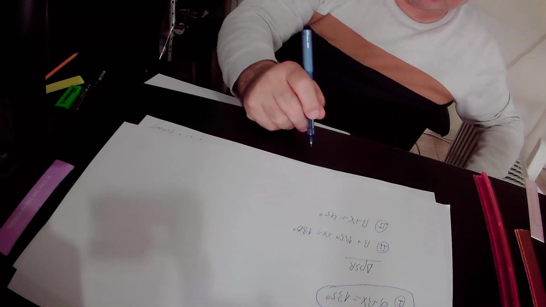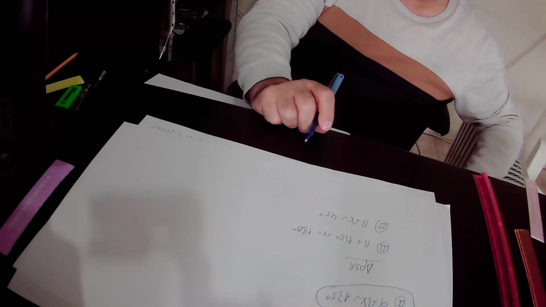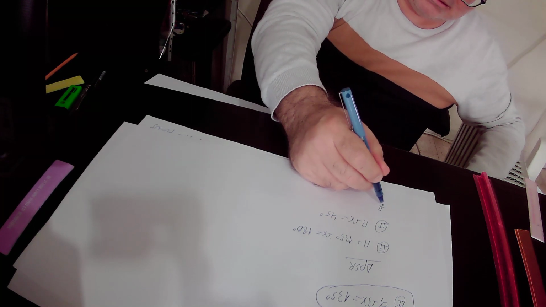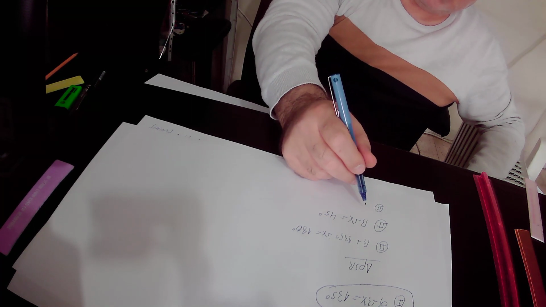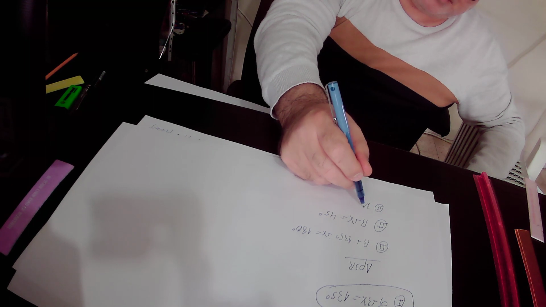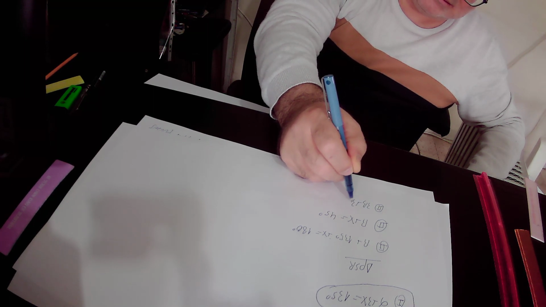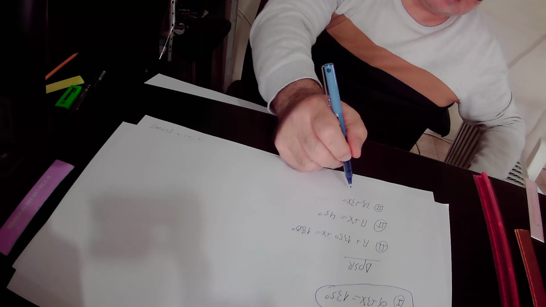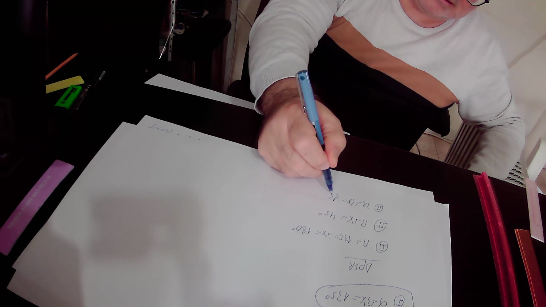Here we will multiply equation number 2 by 3, and we will get that 3 beta plus 3x equals 3 times 45 degrees, which is 135 degrees.